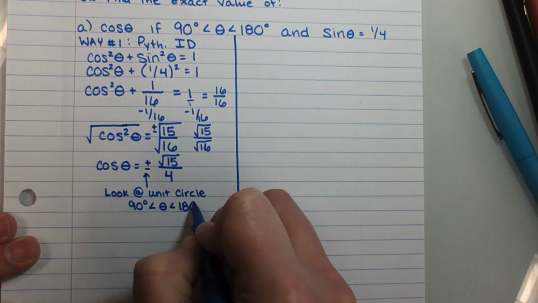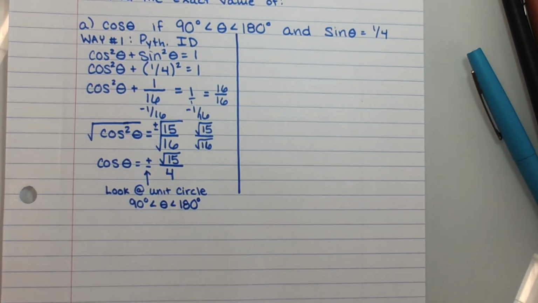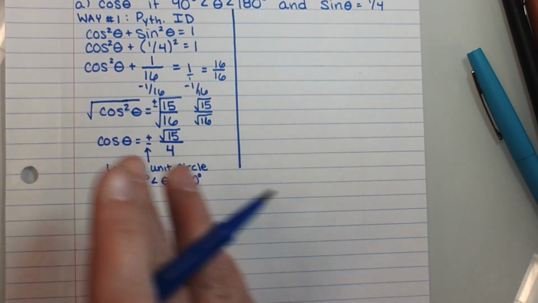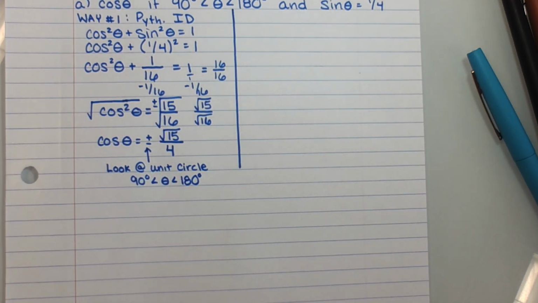Look at the unit circle within the range that told you theta resided, and tell me, is cosine positive or negative in that range?